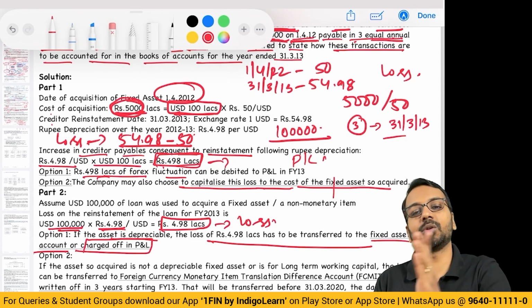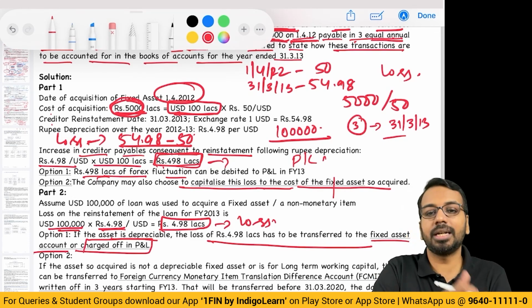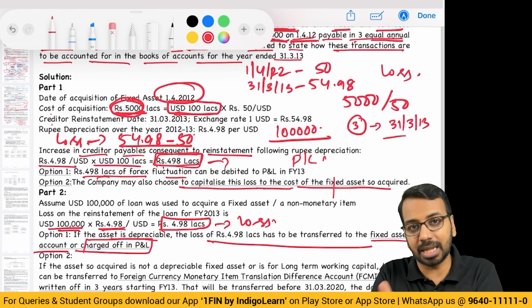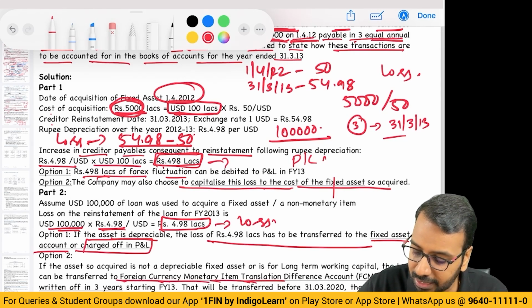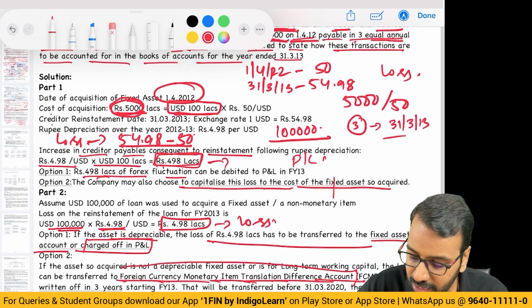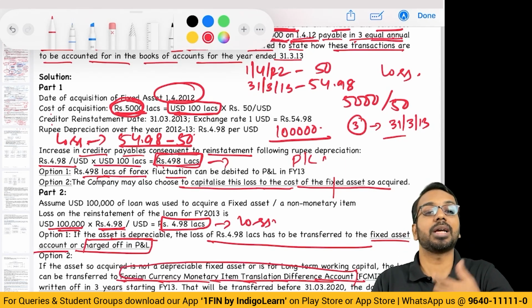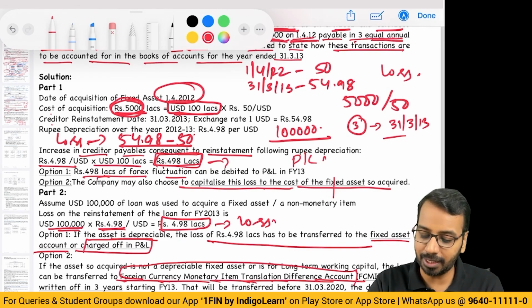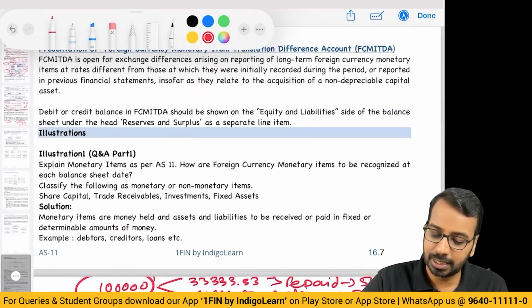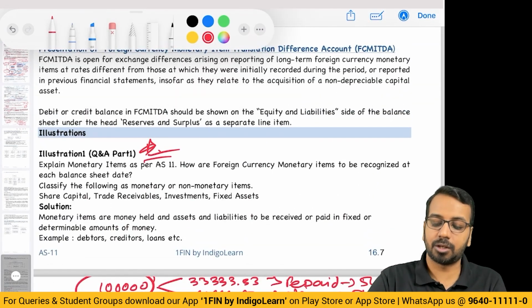Then we can add it to the cost of the asset. If it is not in relation to a depreciable asset, the other option available is to transfer it to the foreign currency monetary item translation difference account, FCMITDA, and amortize it over the 3 years of the loan period, right? So this is one question which revises whatever we have done.